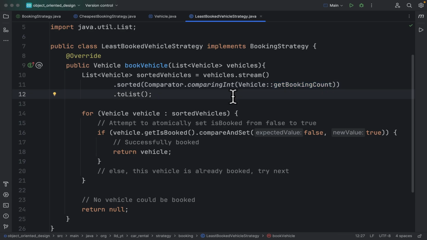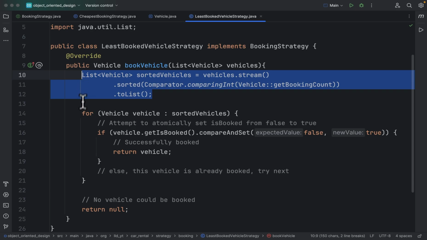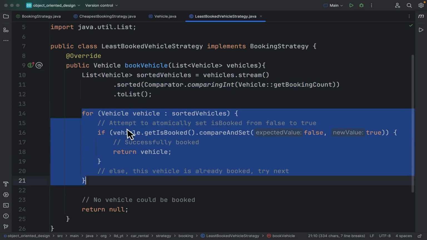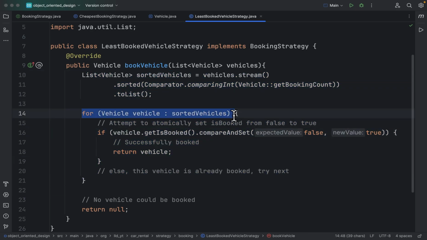If there are two vehicles and one of them was booked 5 times and another was booked 7 times, the one which was booked 5 times would be at index number 0. After that, again I'm doing the same thing, going through each and every vehicle in this sorted vehicles list and trying to book it. And finally, if I was unsuccessful in booking a vehicle, I would return null.